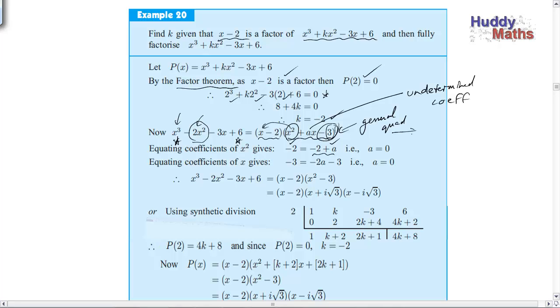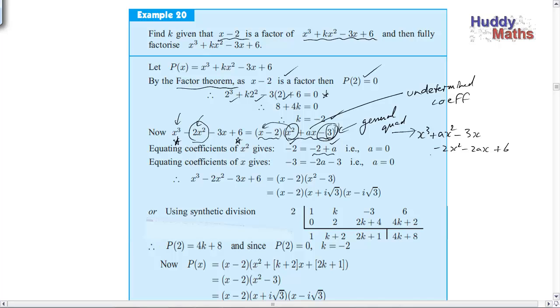So they haven't shown the expansion here of multiplying that all out. So maybe I'll just do that. We'll have x cubed plus ax squared take 3x, and then -2x squared take 2ax plus 6.